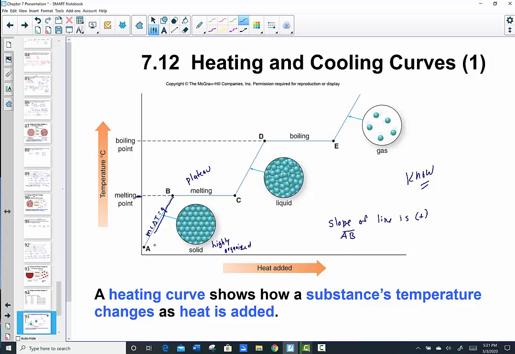A to B, notice, has a positive slope. Notice that C to D has a positive slope, and line segment EF has a positive slope. All the energy being put into the system is to warm it up.